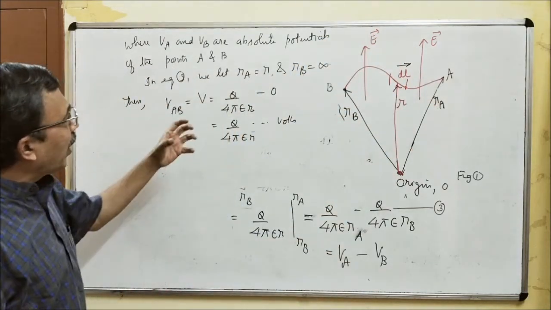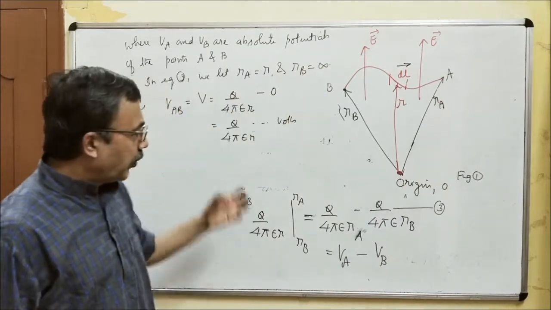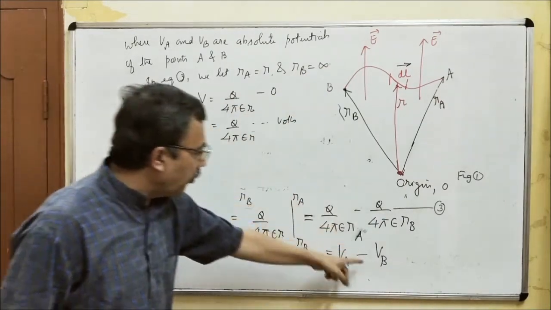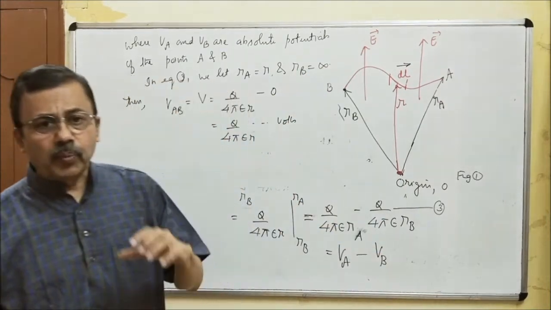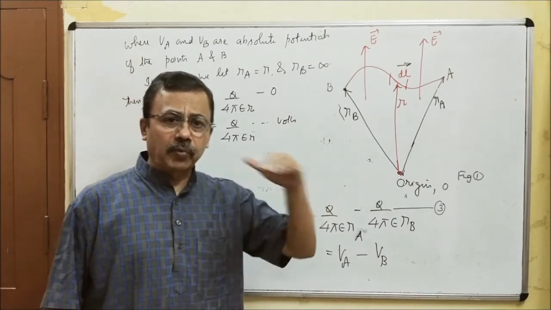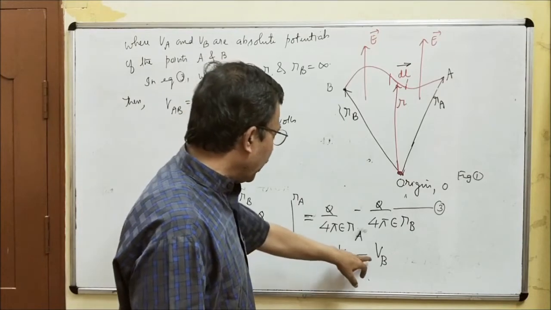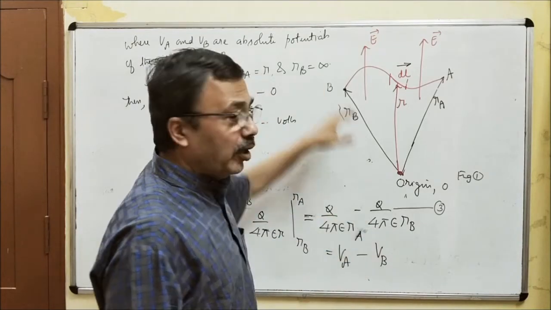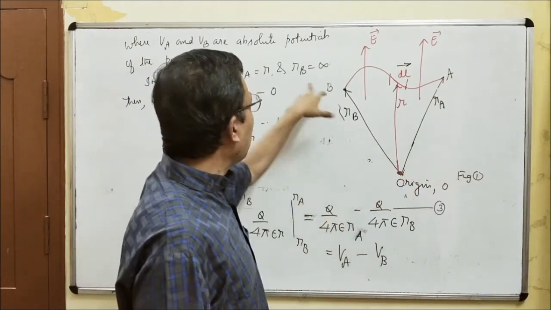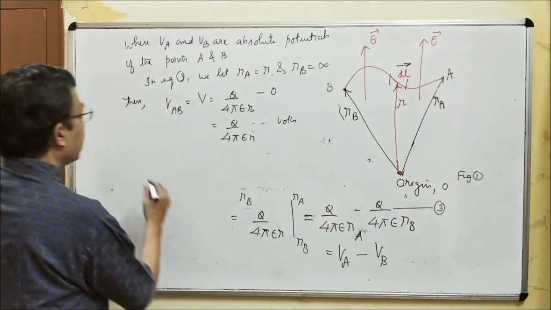What do you mean by RB equal to infinity? When you put RB equal to infinity, VB becomes 0. Therefore, the infinity reference will mean a surface or a point where the potential is 0. In other words, RB equal to infinity means ground.